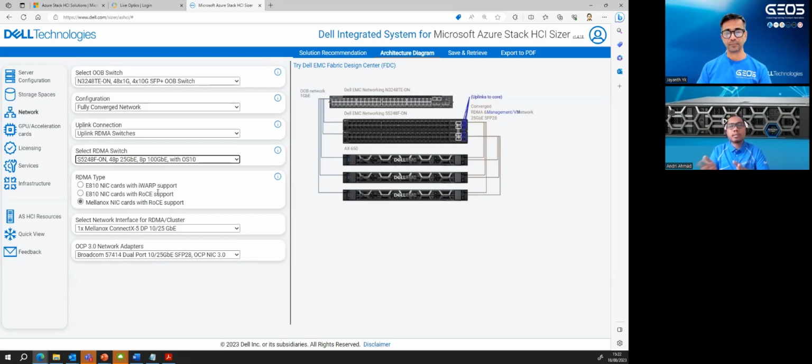And also, you need to look at the network card. In Dell, we have validated two types of network cards, which are Mellanox and the Intel E810.